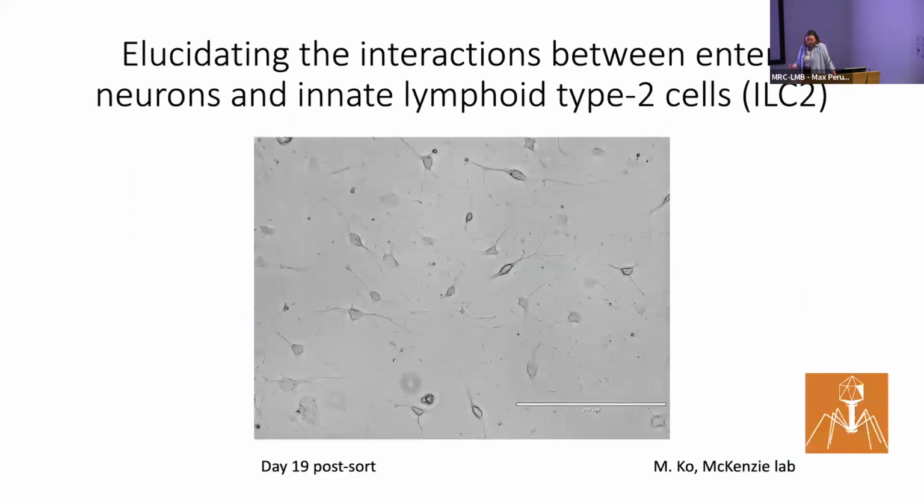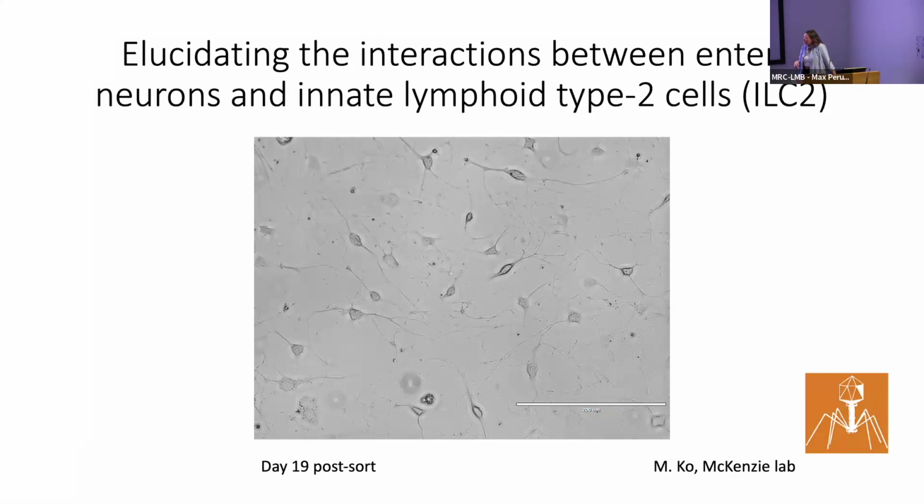And then finally, I just wanted to highlight one very interesting project by Michelle Coe in the Mackenzie lab. She's looking at the interaction between enteric neurons and innate lymphoid type 2 cells, seeking to understand how the enteric nervous system and immune cells interact to regulate defense response against helminths or parasitic worms.